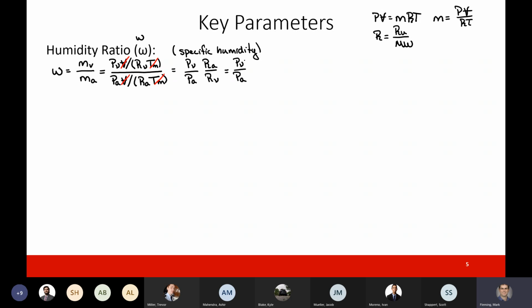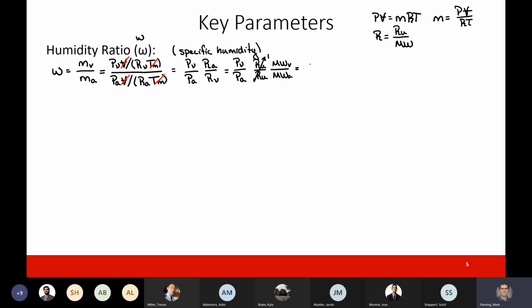For air, that would be R universal over the molecular weight of air, and for the vapor state we'll have R universal down here. Those go to 1. Then air would be 1 over the molecular weight of air, which puts it in the denominator, and then we have the molecular weight of the vapor.